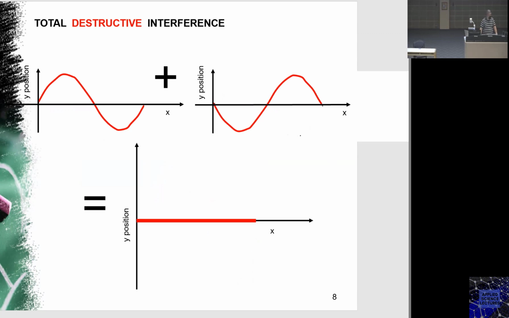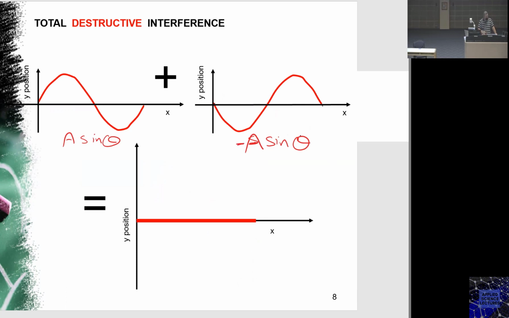So you're adding here a sine function to an inverted sine. So once they overlap, the result is going to be 0, right? They would cancel each other.